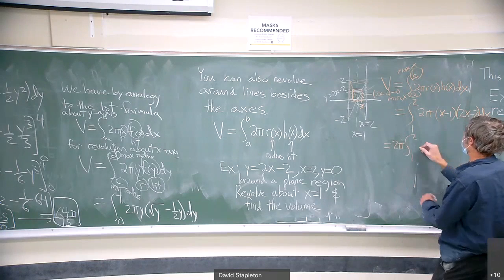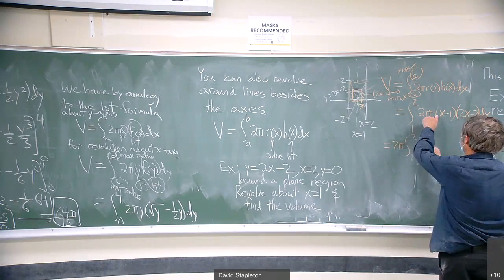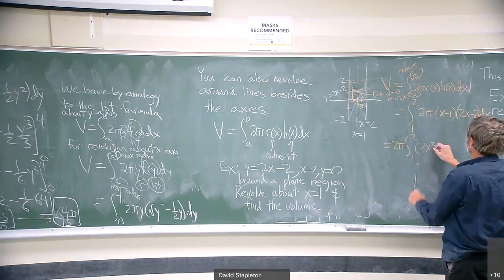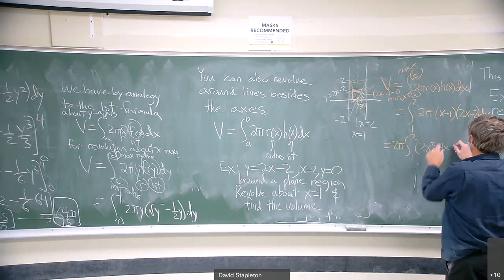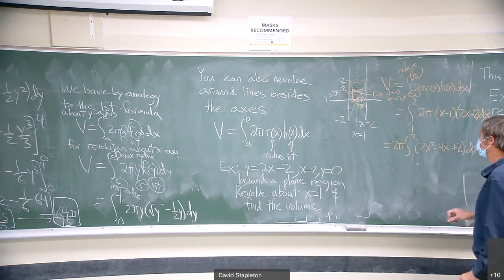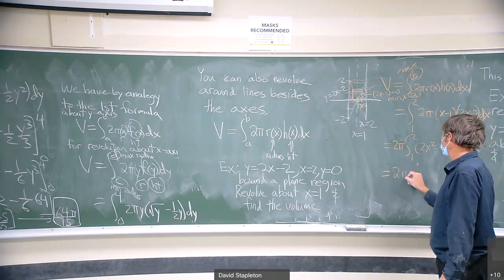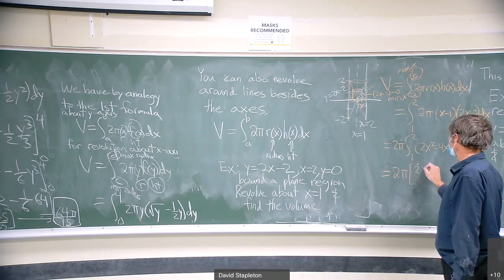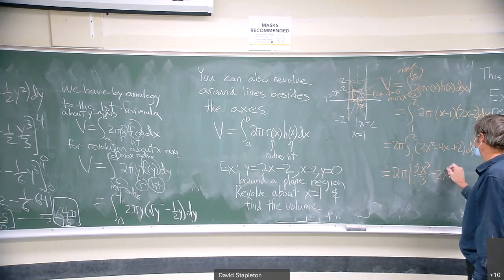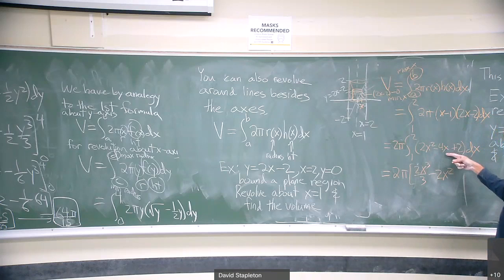And then you have to multiply this thing out. 2x squared minus 2x, minus 2 more x is minus 4x, plus 2, with respect to x. This makes 2 pi times 2x cubed over 3, integrating this one, minus 2x squared, integrating this one, right? 4 times x squared over 2 is 2x squared, plus 2x. Put in 1 and 2 and take the difference.